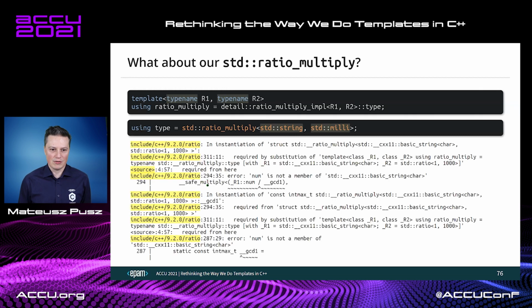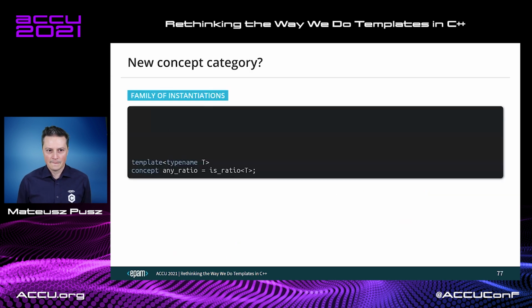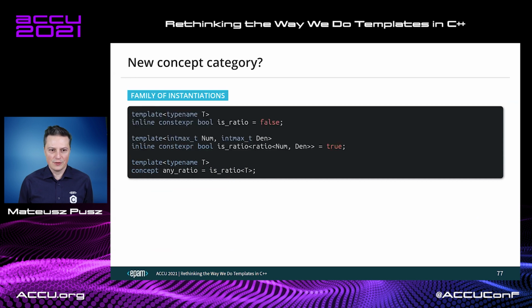And then I have a huge error log saying that I did something stupid. So I would argue that we need more categories. For example, we may have a concept any ratio that just conforms to the type trait is_ratio, and the type trait is_ratio is by default false, and it's true when the type T provided is a specialization of ratio. Just this.